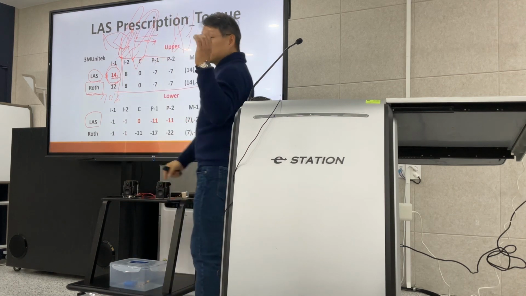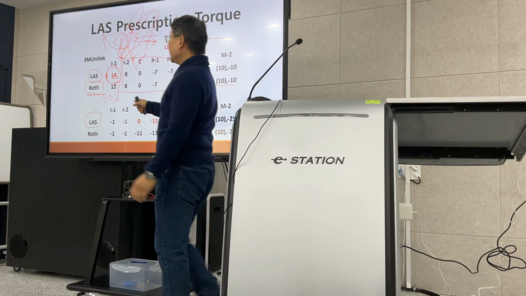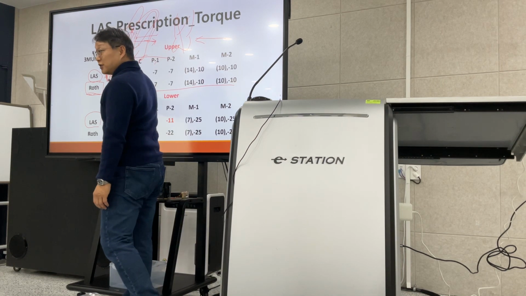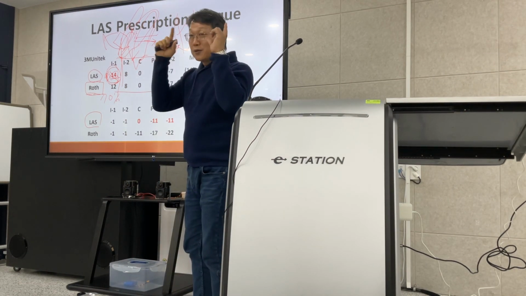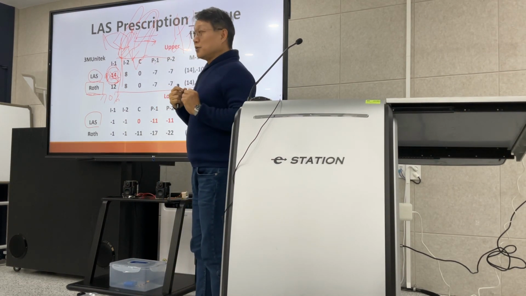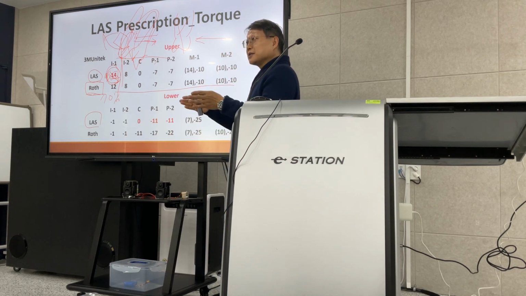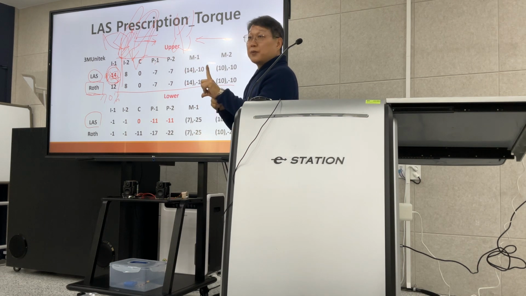But if you choose a non-extraction system, you cannot use this kind of prescription. You have to reduce angulation. So this kind of concept you have to learn more. When you decide the patient's treatment or choose a bracket, you have to choose extraction or non-extraction for the patient.